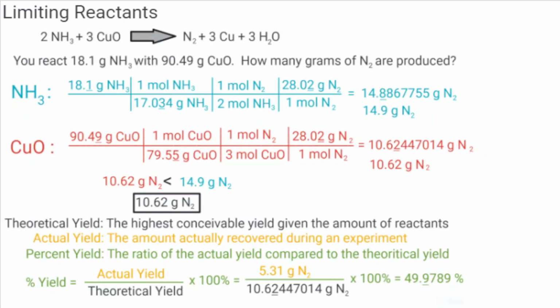Because this number is only 3 significant figures, we're going to be limited to 3 significant figures on our percent yield. And so we'd get a 50% yield, or 50.0% yield.